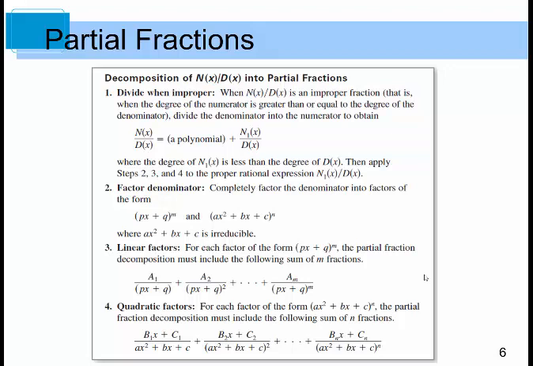Alright, so first off, when it's an improper fraction, that is something like a 5th power divided by a 4th degree, you could just use the dividing algorithm here to quickly divide, and then it should be pretty easy. If that doesn't work, what you would then do is factor the denominator completely.